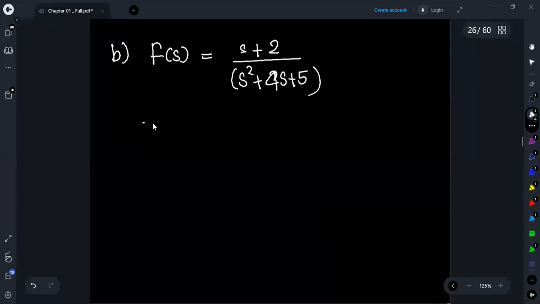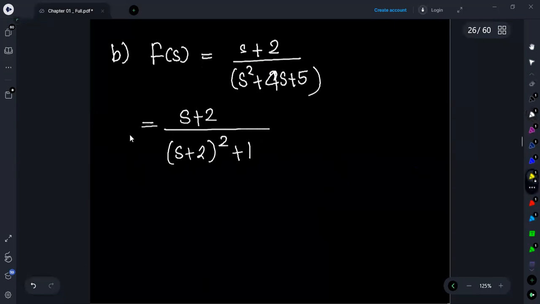Since I have already done it, I am not going to do it again: s plus 2 over s plus 2 to the power 2 plus 1. And here we can see that if we have a function of this form, the respective inverse Laplace transform is cosine omega t, but here omega is 1, so it is cos t.